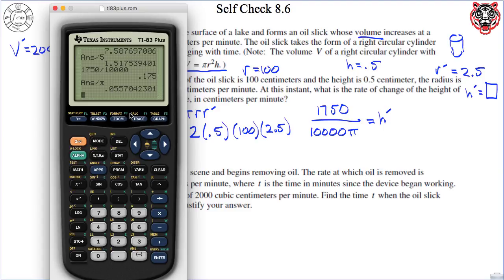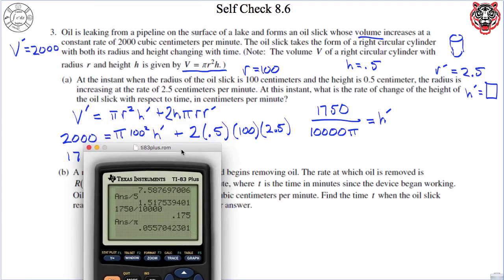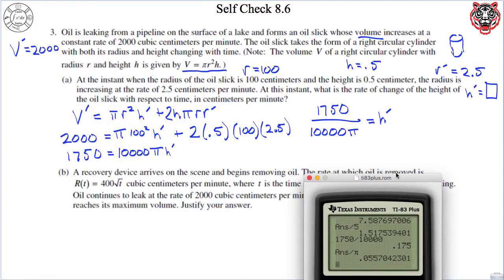Uh-oh. That doesn't look like it's the right rate. We did something wrong. Okay, we need to find our error. The decimal that they got was 0.038, 0.039. So 0.039 was the answer that they got.